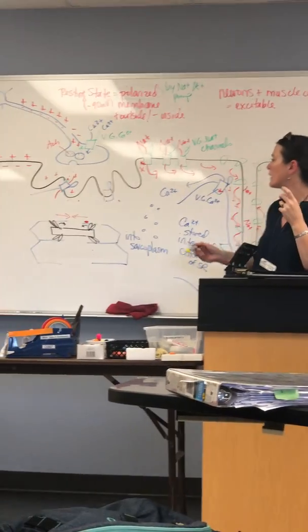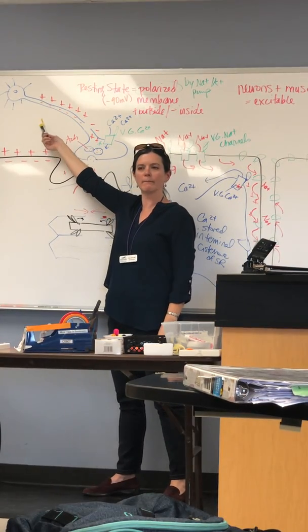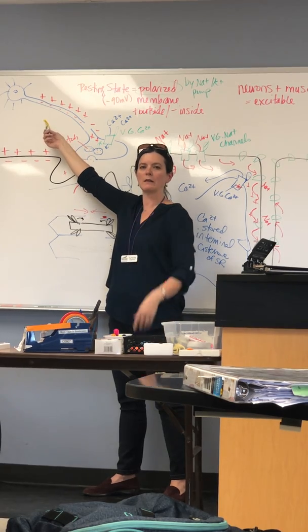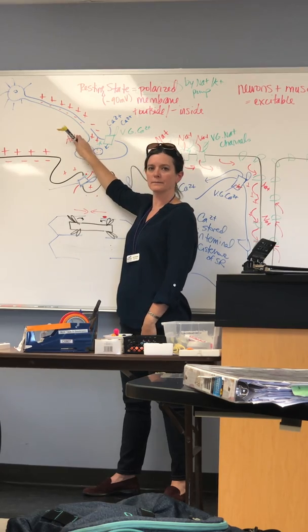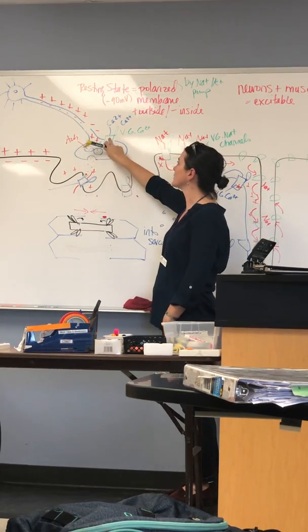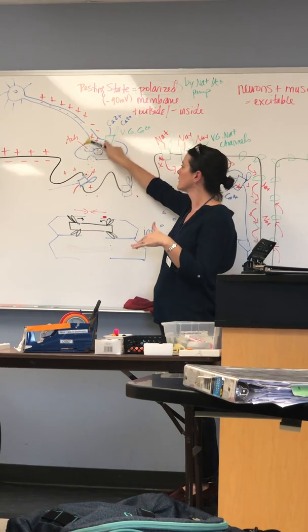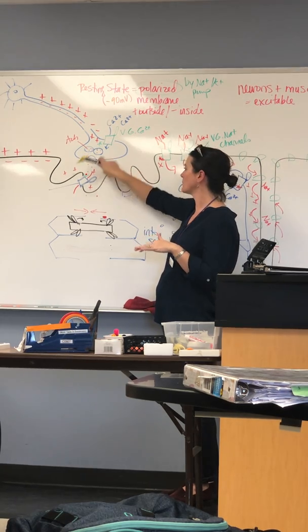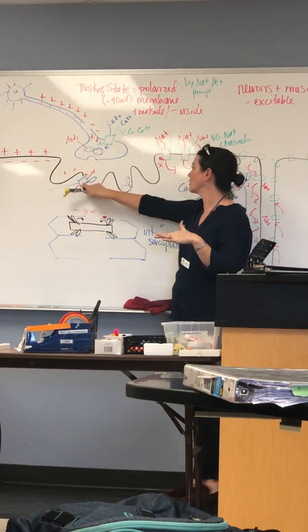What do you think? What if your brain says, stop contracting? What's going to have to happen? Amy? Close the gate. This message stops arriving here, right? So now the positive just stays out there. What happens to your voltage gated calcium channel? Closes. What happens to exocytosis of ACh? Stops. What happens to chemically gated sodium channels? Close.